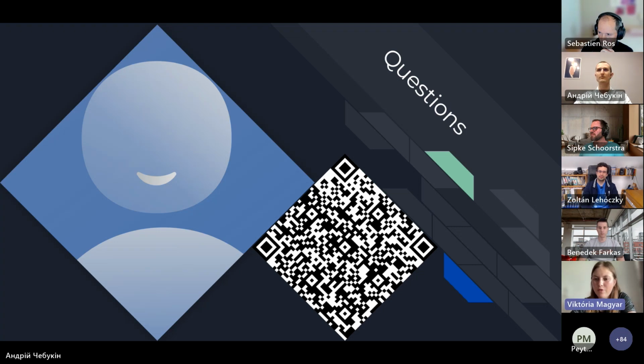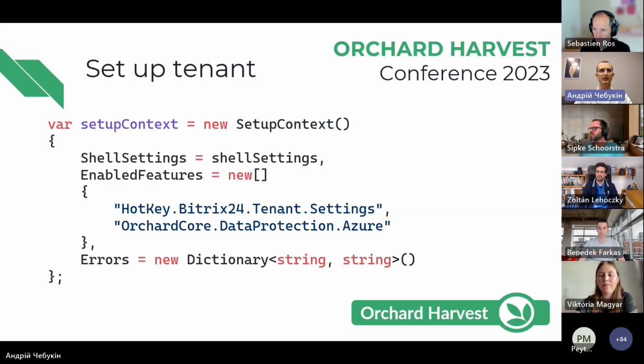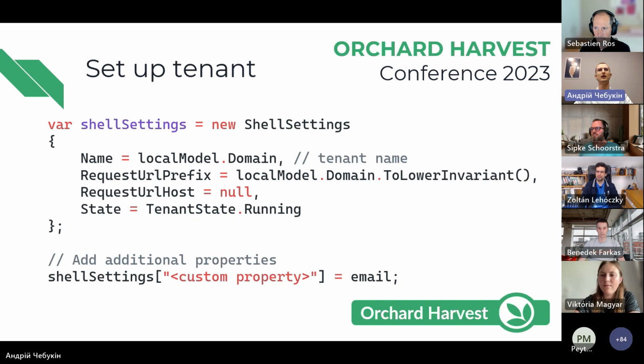We have two new questions. The first one: can you show how to configure a custom domain for a tenant? In theory, it's just setting up the request URL host.